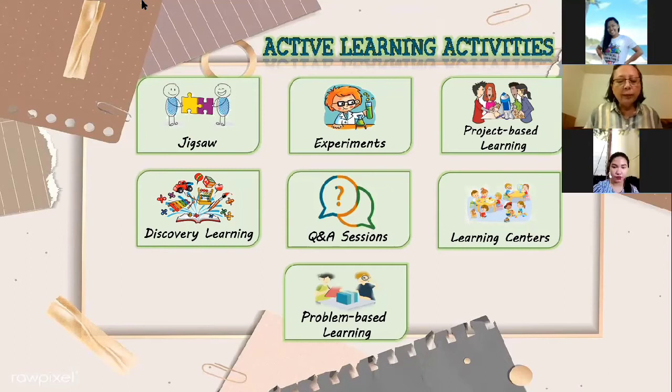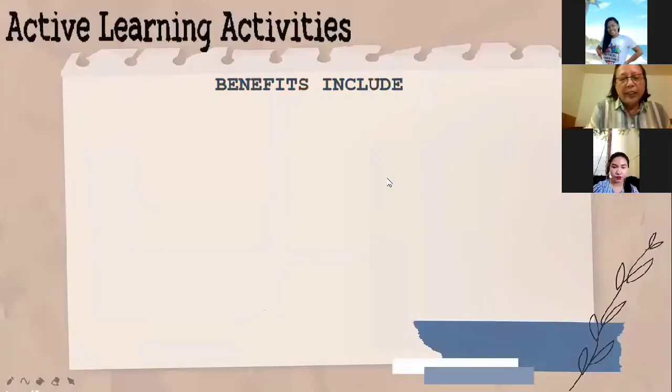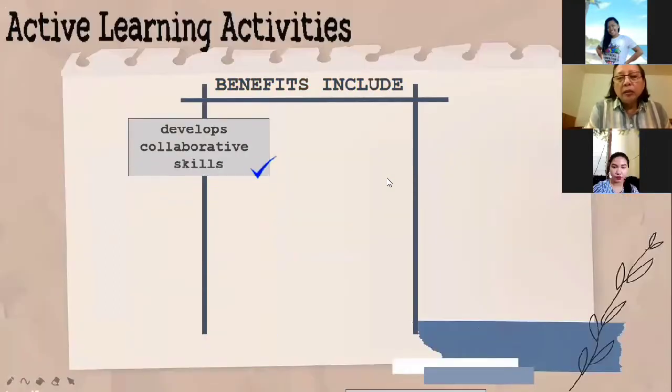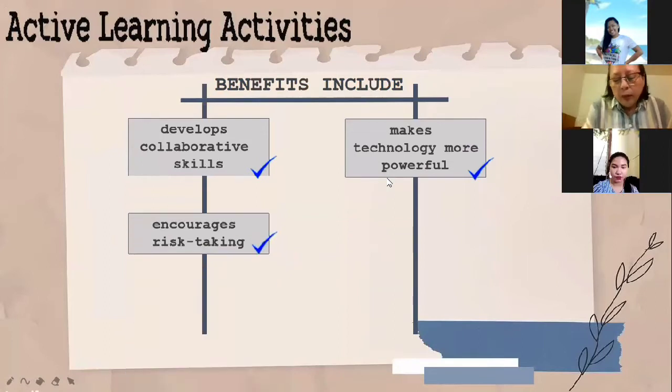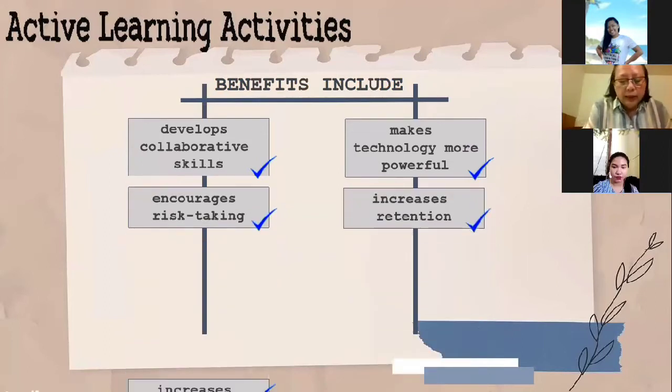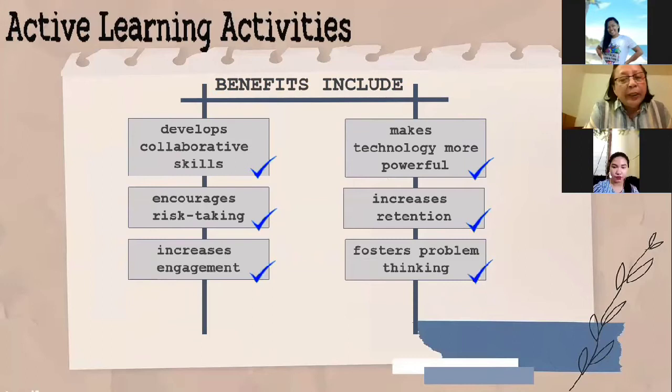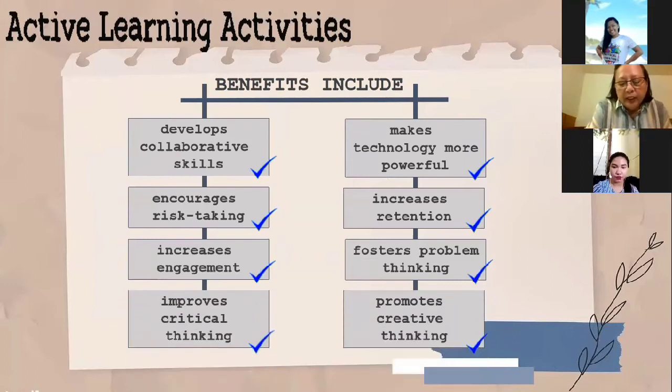So what are the benefits of active learning activities? They develop collaborative skills because usually they are done by groups. They encourage risk taking because they have to think deeper into the problems given. They increase engagement and improve critical thinking.